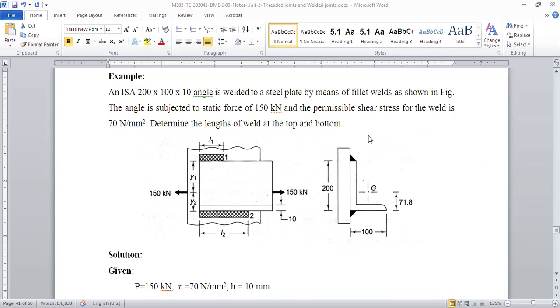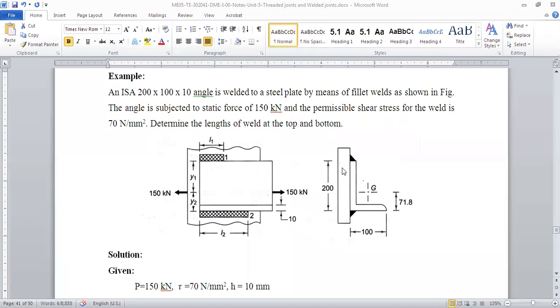So what we did is that, if the eccentricity is there, if the distance is E from the CG, we will have a moment because of that load, right? And that moment has to be balanced by the moment from your 2 different welds, right?